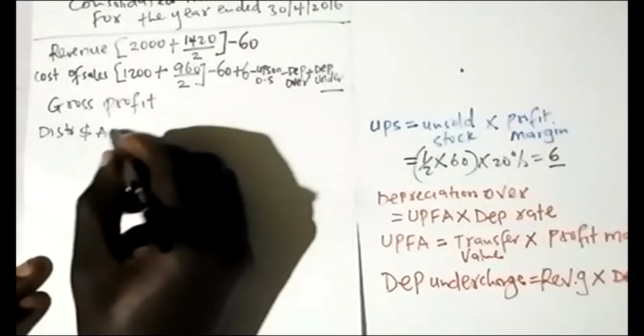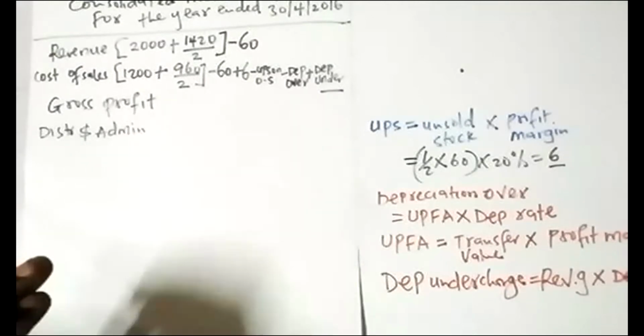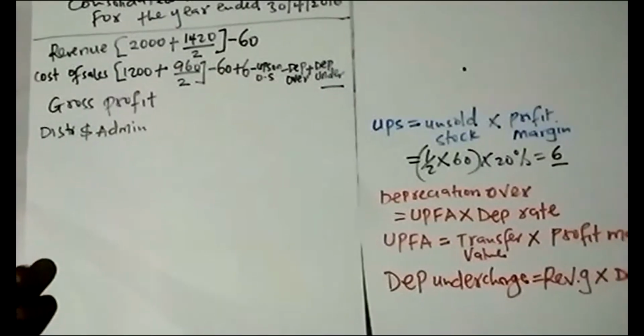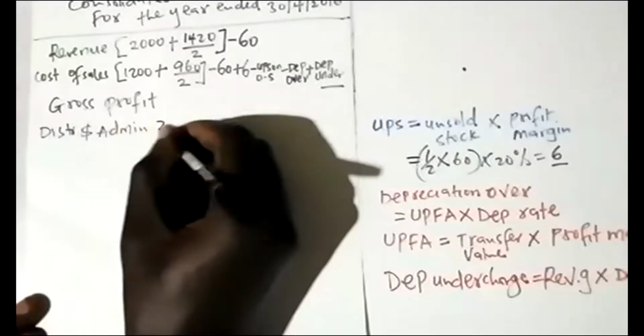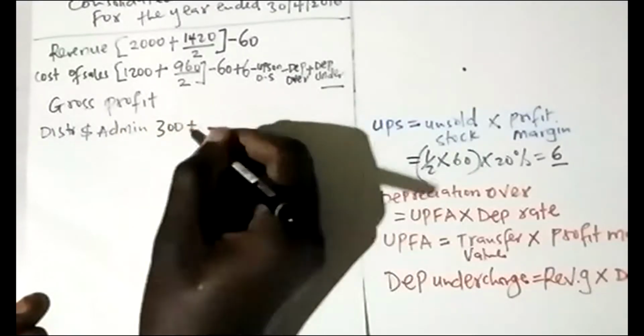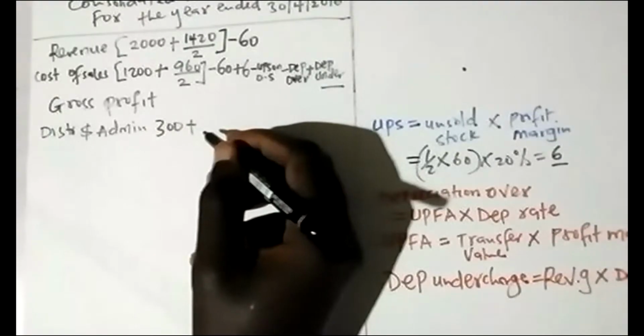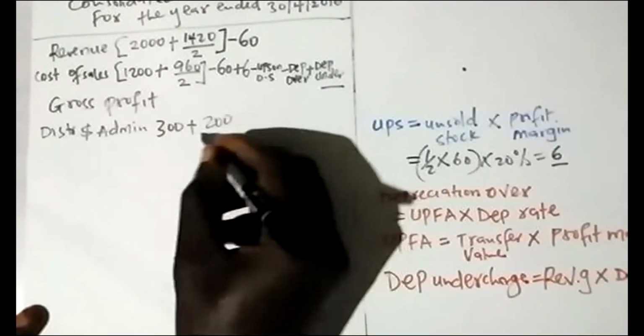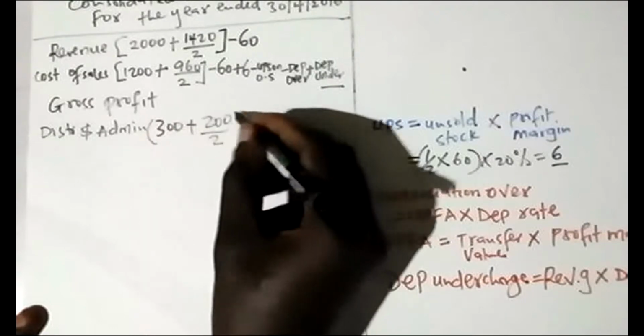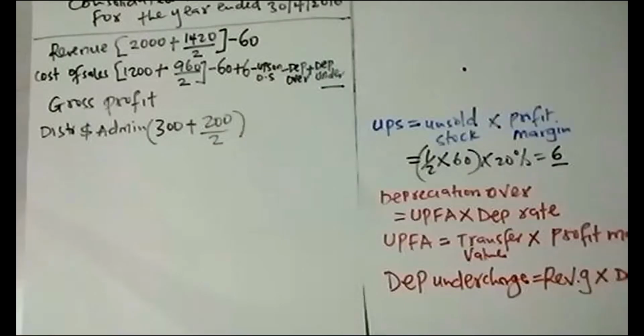For distribution and admin, you can again do it direct without the steps. So I take the parent, which is 300, plus the subsidiary, which was 200, I divide by 2. And that's all.